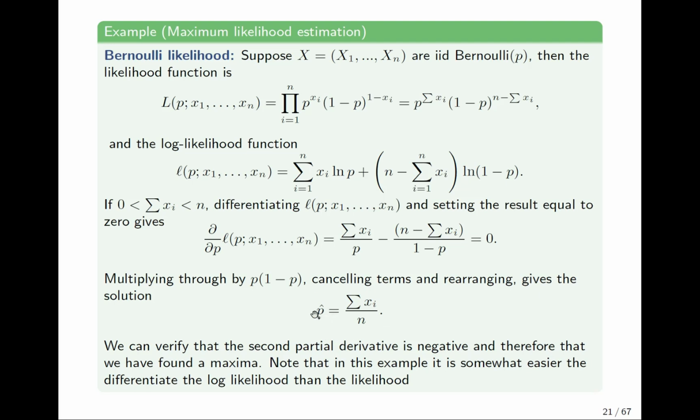So that's the maximum likelihood estimate. We can verify that the second partial derivative is negative and therefore that we have found a maximum. In this particular example, it's somewhat easier to differentiate the log likelihood than the likelihood, illustrating why we use the log likelihood, as it makes matters easier in certain situations.